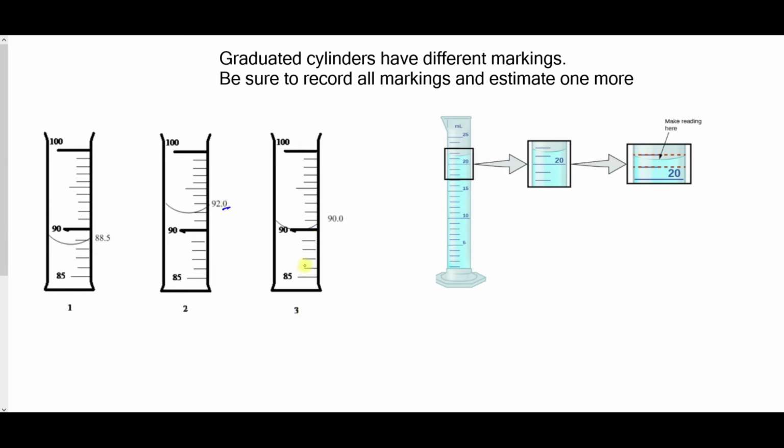We can do the same thing here. We're at 90, so we know the tens place is the 9, the ones place is the 0, and it appears to be exactly on the line, so the estimated value in the tenths is at 0. We have another one here.